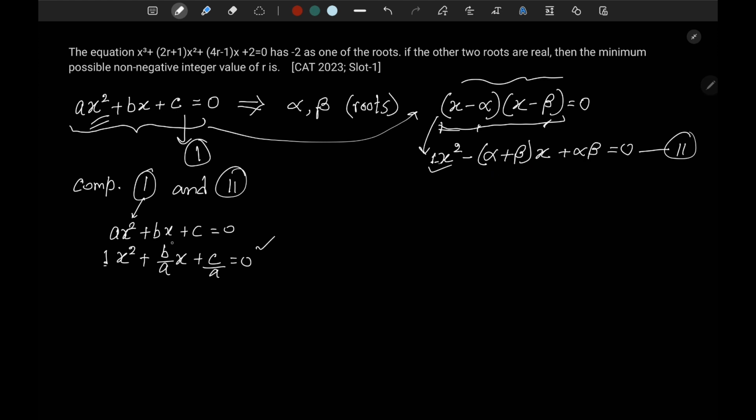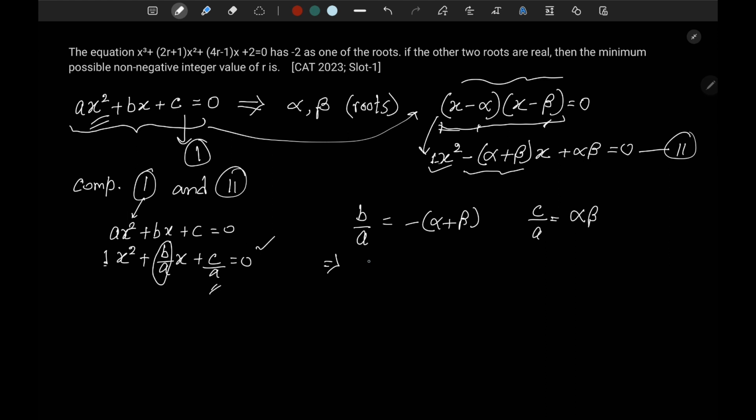The coefficient of x here is b by a. So b by a is, here it is, minus (alpha plus beta). And the constant terms should also be equal. So c by a is equal to alpha beta.